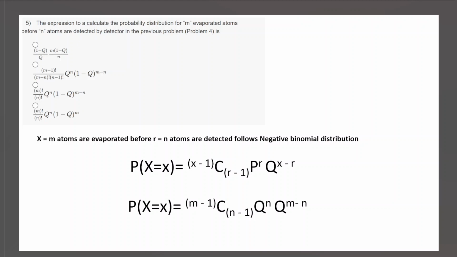So this closely resembles the negative binomial distribution, where we have seen the number of successes or the number of failures before the first failure or first success. Similar to that, out of M trials, N atoms have been detected, or otherwise, for N atoms to get detected, how many atoms have to be evaporated.